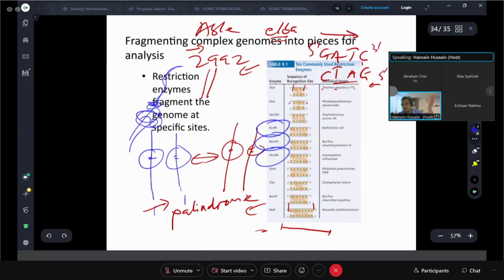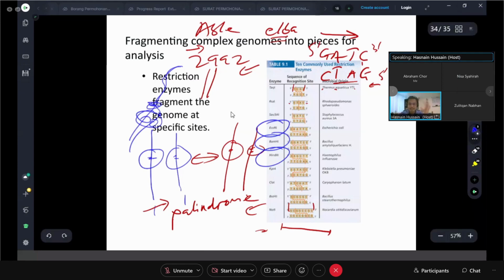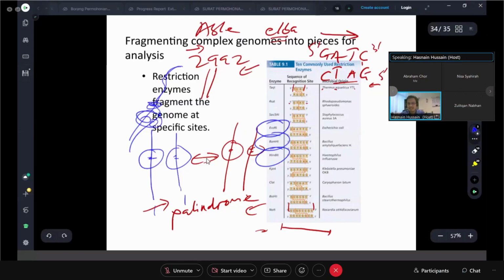But later on, you might want to ask, how come the restriction enzyme doesn't cut the DNA in its own cell? That is another topic, but there is a way to protect. For example, I have scissors, I can protect myself from being cut by my own scissors. So that's the concept behind restriction enzyme not cutting its own DNA.